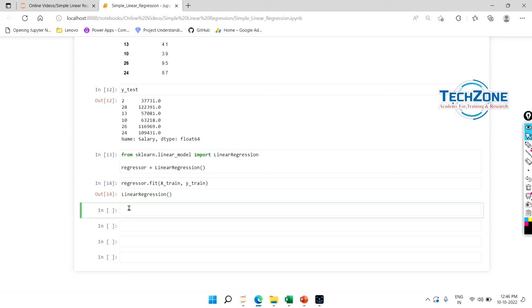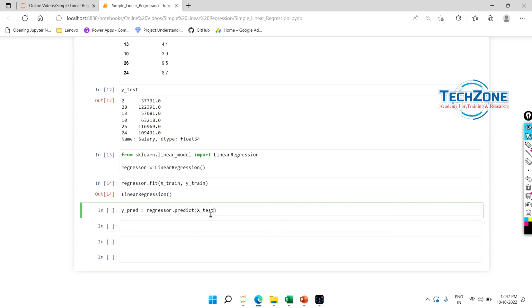Now we'll predict the values. Let us store those values in y_pred, using regressor.predict. In this predict method we will pass only the values of x_test.